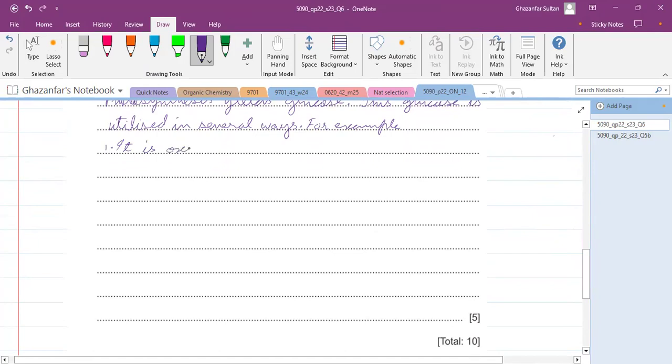It is oxidized in respiration to produce energy.